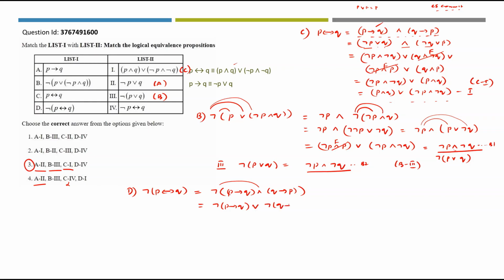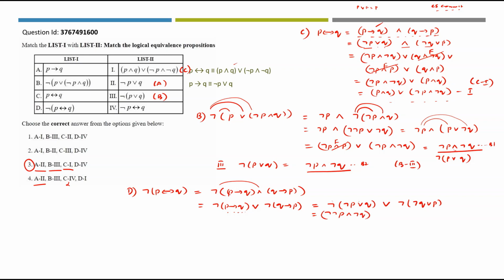Then negation of Q implies P. P implies Q can be negation of P or Q. Disjunction, negation of Q or P. Now we will have negation of negation P. Negation of disjunction will be conjunction and this will be negation of Q.